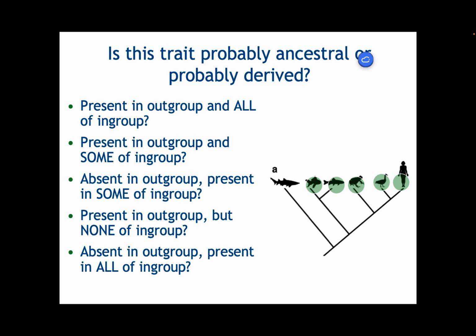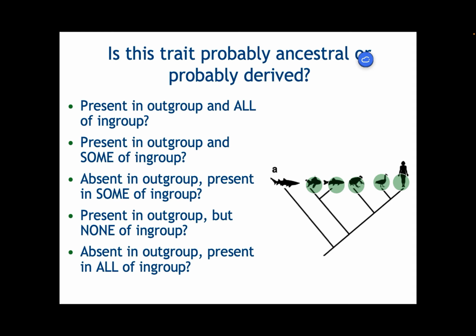Again, there are two equally likely explanations for this distribution of traits. Maybe this green circle trait is ancestral, and so that's why everyone here in the in-group has the trait, because they all inherited it from a most recent common ancestor. And then at some point in time, the out-group lost the trait, because again, out-groups can evolve, just like in-groups can.